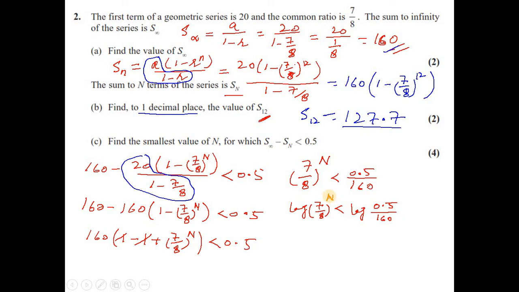This n now can come down, so n times log of 7 by 8 is less than log of 0.5 divided by 160.